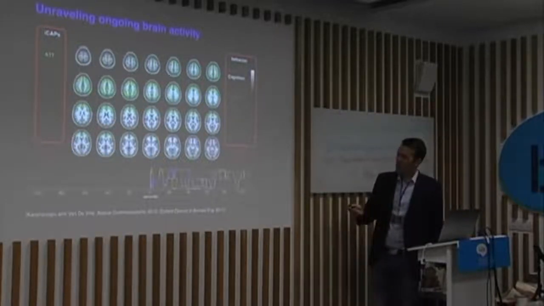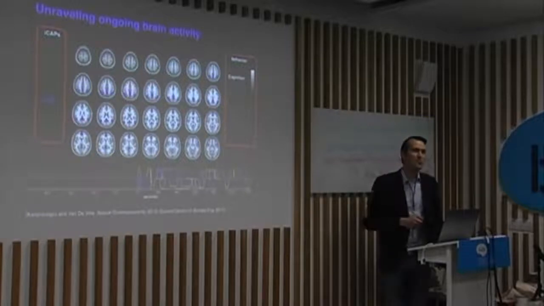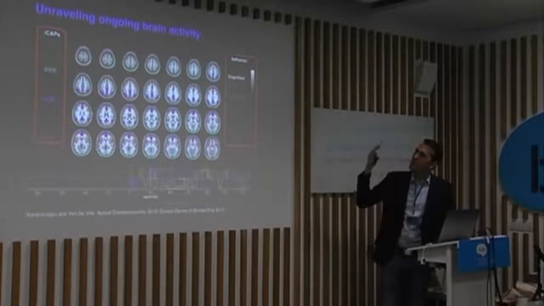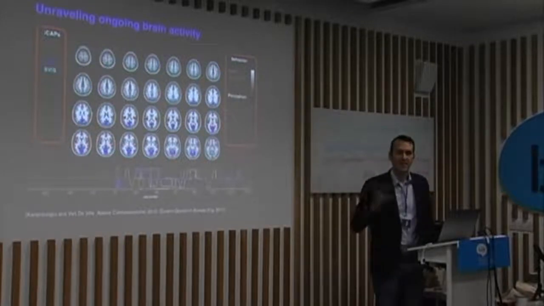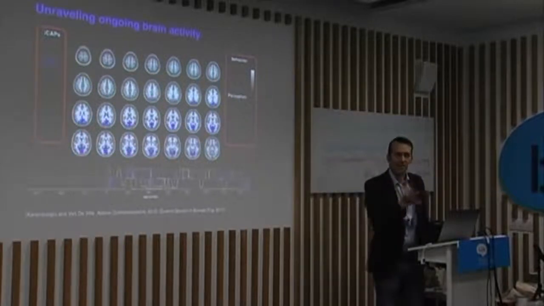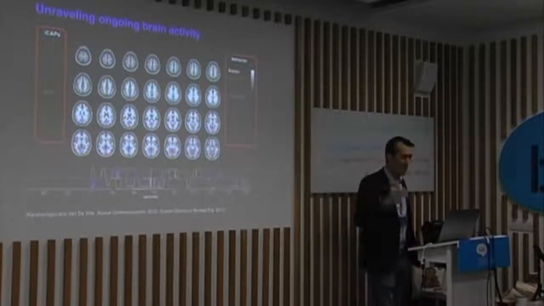And one of the challenges, to come to the first one, is to develop tools that would be able to look at ongoing brain activity, which can be completely unrelated to a task or a stimulus. So it can be resting state fMRI, but it could also be just background activity during a task.